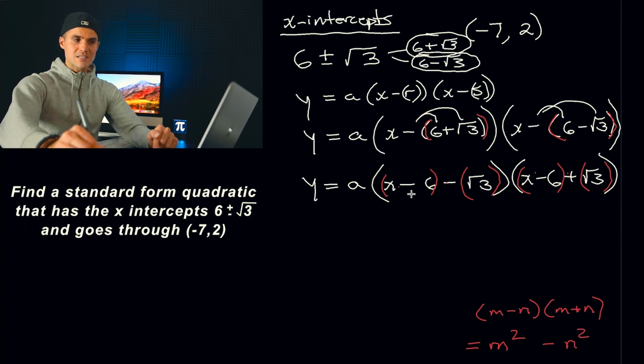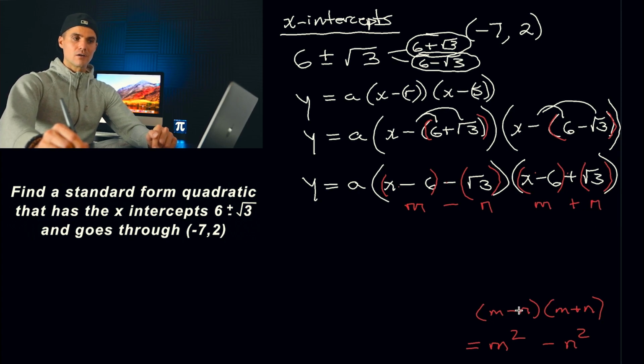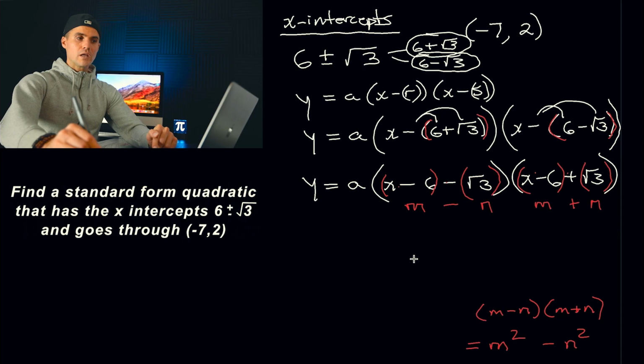Notice that this x minus 6 is like the m value, and the root 3 is like the n value: m minus n, m plus n. So these two brackets are in the same format as those two brackets. Multiplied, we know that's going to equal m squared minus n squared, the difference of squares.